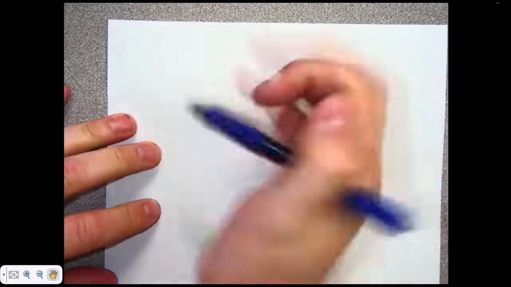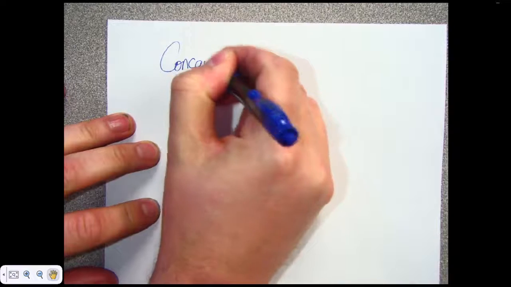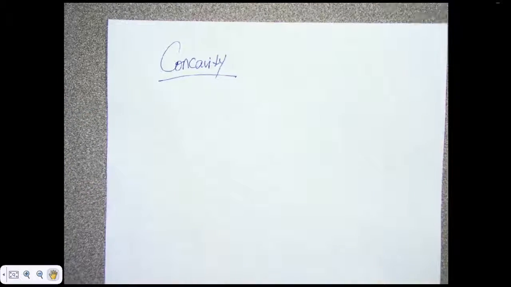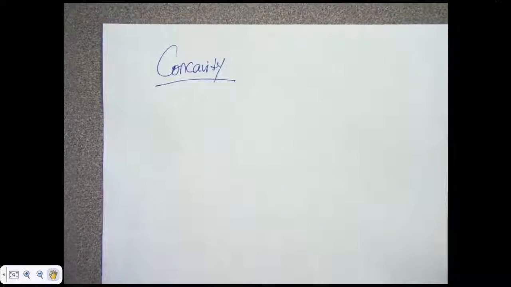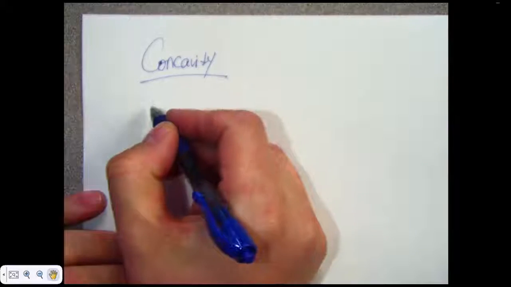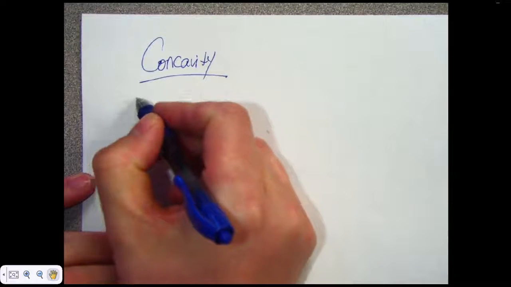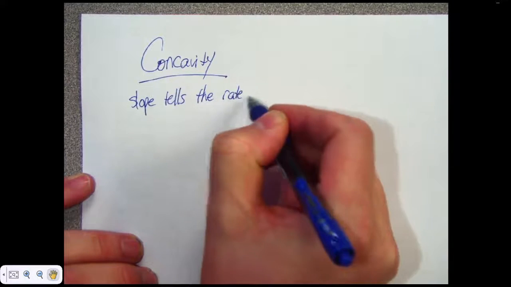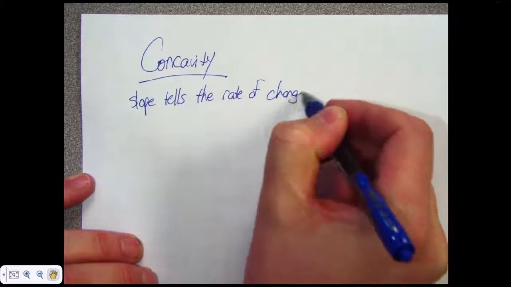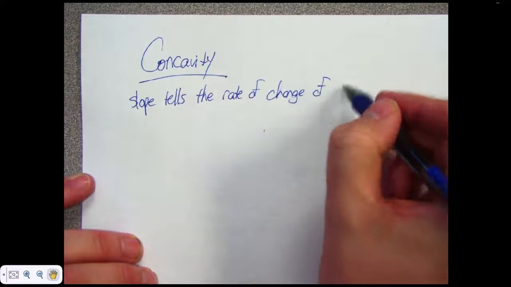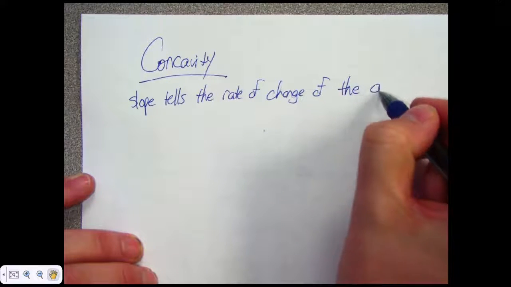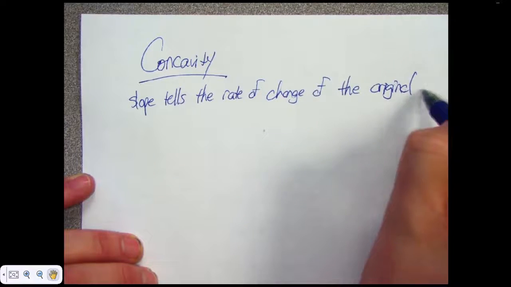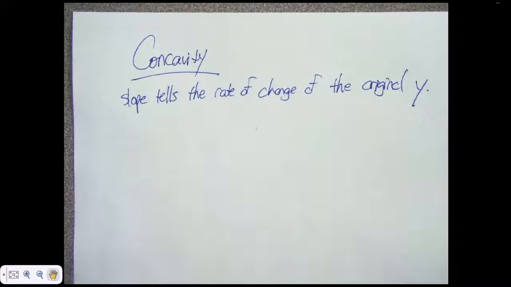So we're going to start talking about concavity. So slope tells us the rate of change of the original graph, the original y.